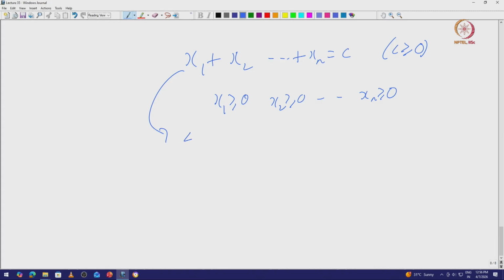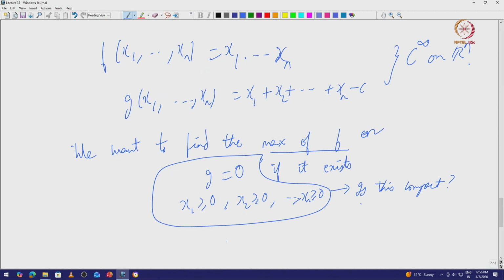This means that this is larger than x1, for instance, so x1 is between 0 and C. Likewise, x2 is also between 0 and C, x3 is between 0 and C, and so on. So this set here is certainly bounded. It is also closed. Why is it closed? I'll leave this to you as an exercise. Please do this exercise. That will make these concepts of topology a bit clearer. Why is it closed?